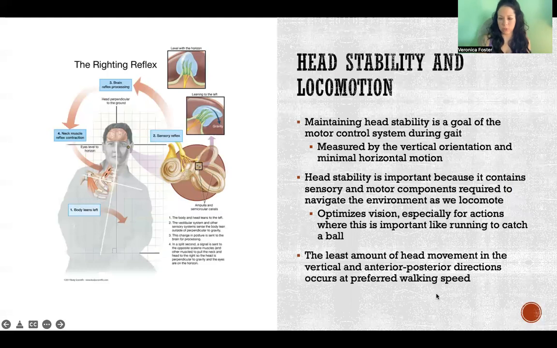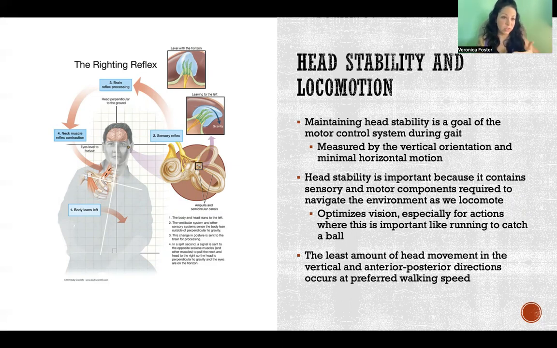Head stability and locomotion. We prioritize head stability while we're walking or running. That's because think about all of the sensory organs that are on the head or in the head. The more we can keep the head stable while we are walking or running, the more accurate that sensory feedback is going to be.